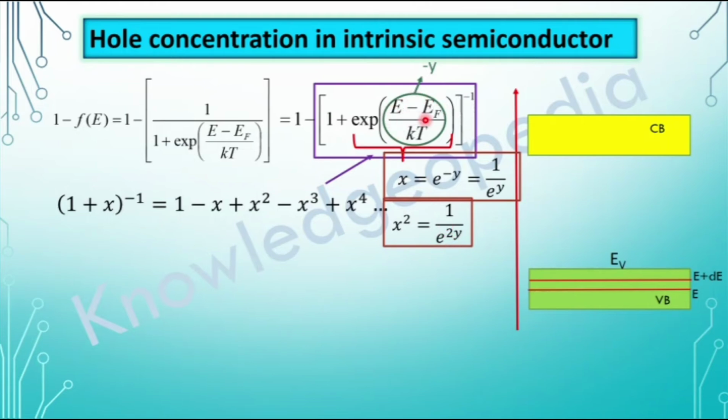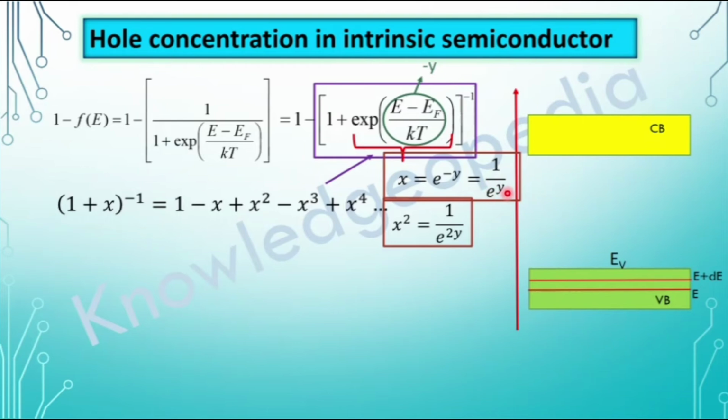Now try to understand what I am telling here. As we have seen in our last class, the magnitude of E minus EF is much larger compared to kT, because k is of the order of 10 to the power minus 5 electron volt, and hence y is much larger. If y is very large, then e to the power y will definitely have a very large value.